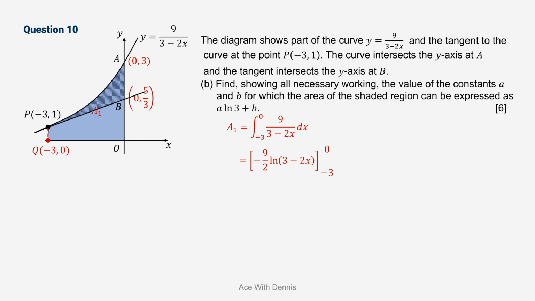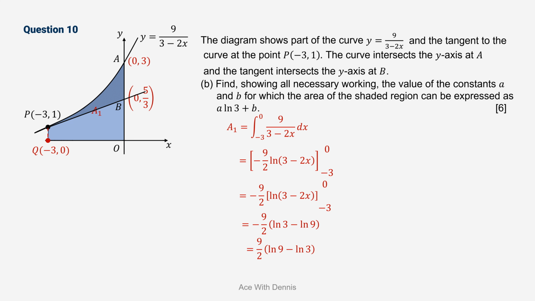When we integrate it, we get -9 over 2 ln (3 minus 2x) from -3 to 0. So we can take out the constant -9 over 2 so that we can calculate the integration more easily. After that, we substitute 0 into the expression, then minus the expression with -3 substituted, and we get -9 over 2 (ln 3 minus ln 9).